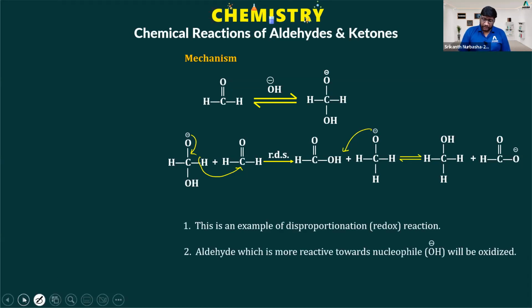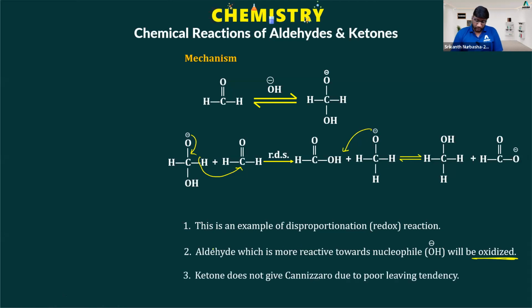This is an example of disproportionation reaction. Aldehyde which is more reactive towards OH minus will be oxidized. Understand this point carefully. Second point, it is an example of disproportionation because self-oxidation and self-reduction happen.